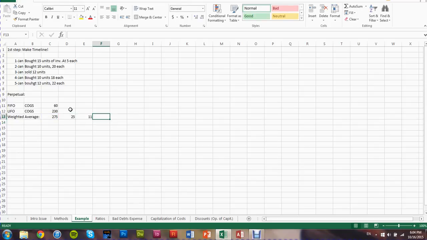So $11 is the weighted average. We sold 12, so 12 times 11, 132. So again, this is just figuring out the total cost, total number of units, dividing them. This is the weighted average. Anyway, so then what we have is periodic.